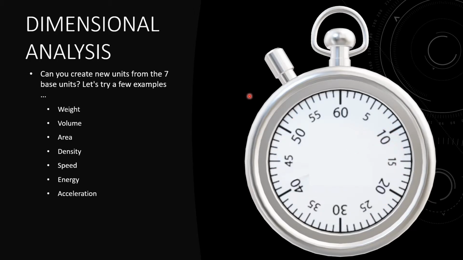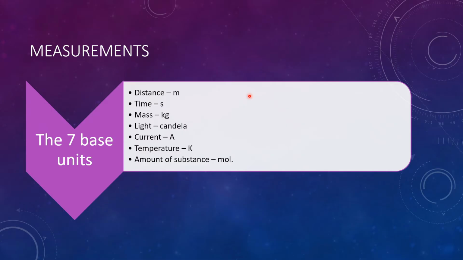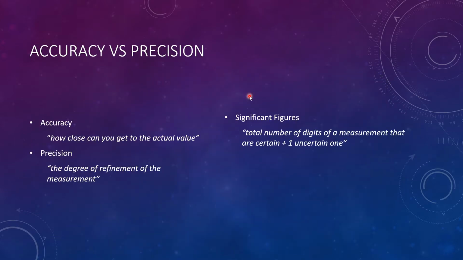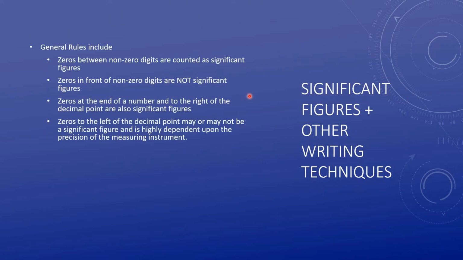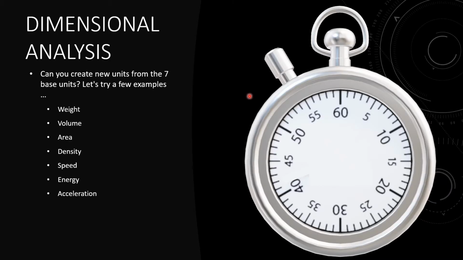So if I go back a few slides, we remember we talked about these base units. Using these units, you can essentially create new units of measurement. So you can measure new data points or new types of things using those 7 base units.